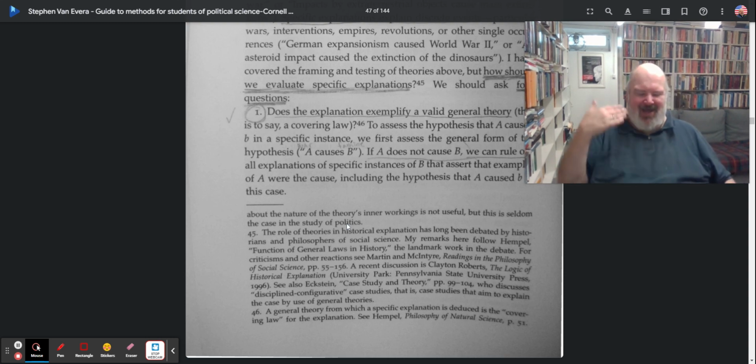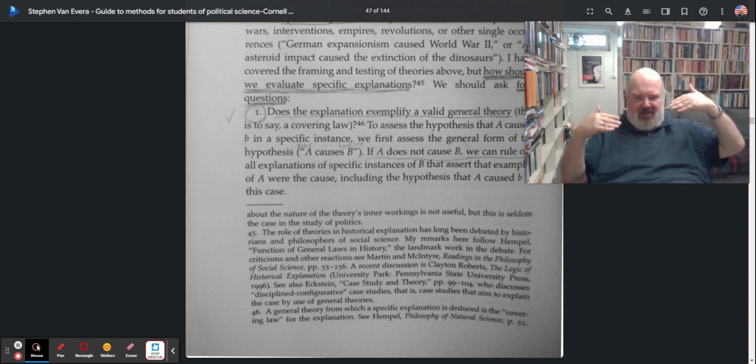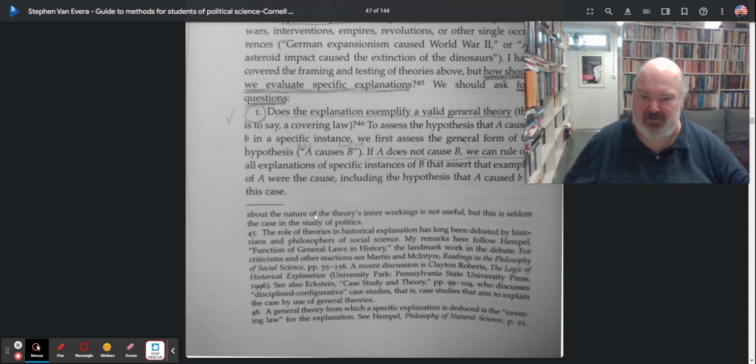In other words, it might be true of an abstract theory, but in politics the nature of the inner workings is useful. For politics, the nature of the inner workings is sometimes the heart of the political action, right?